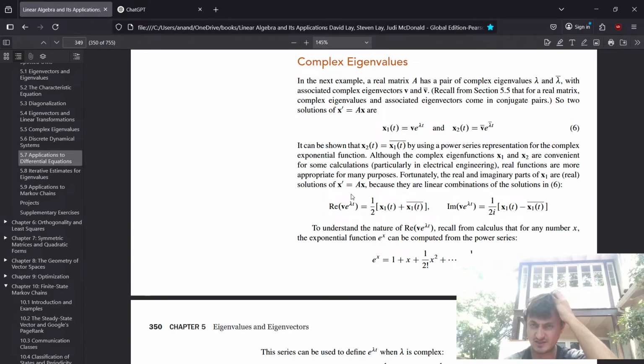What is it? It's v e to the lambda t, and v bar, this is x2, v bar e to the lambda bar t.